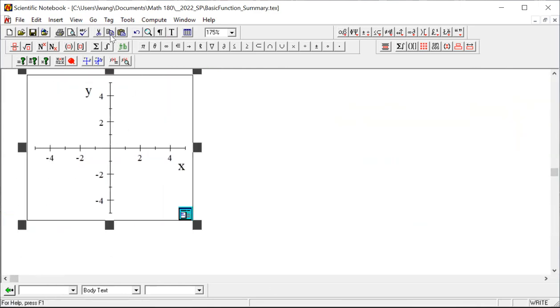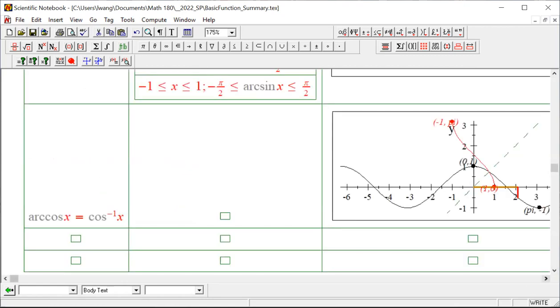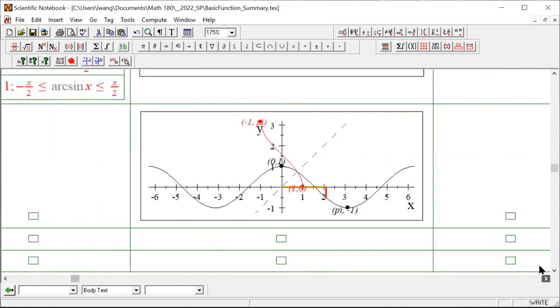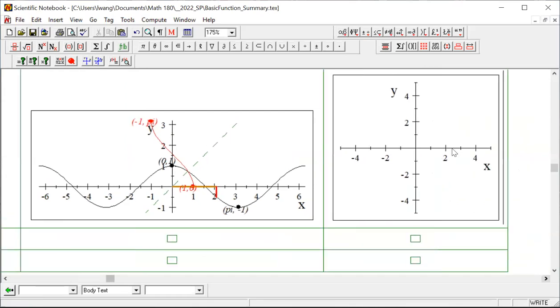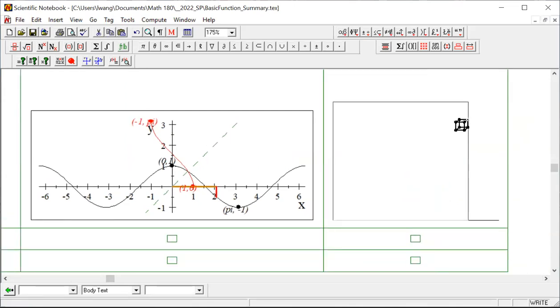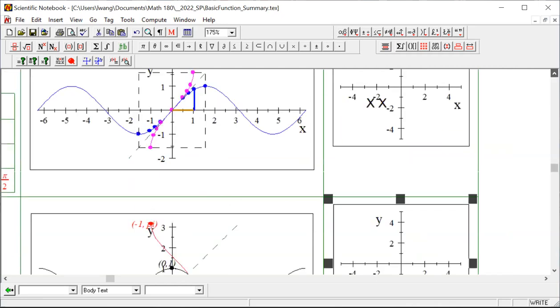And in terms of the quadrants, in the arc cosine case, we only have quadrant 2 and quadrant 1.